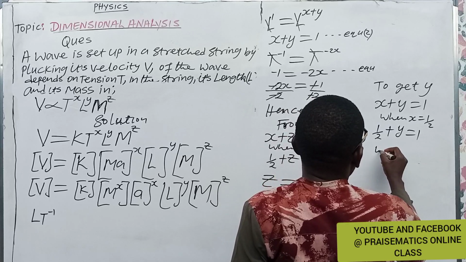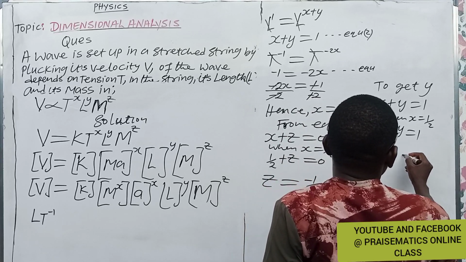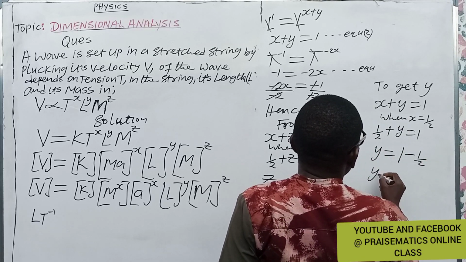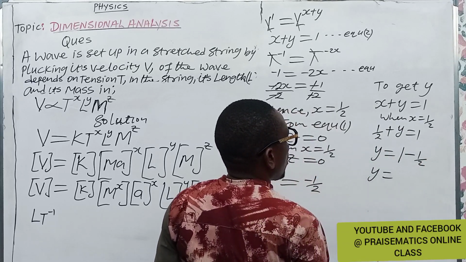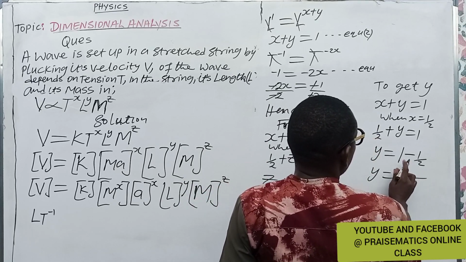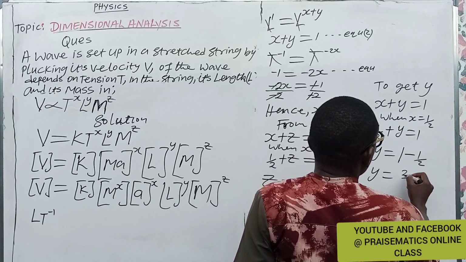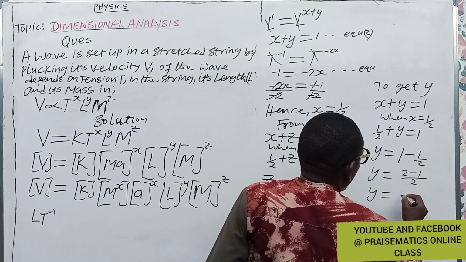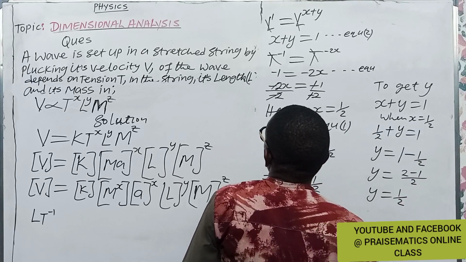Now what do we have here? Y is equal to 1 minus 1 over 2, which is automatically 1 over 1. Find the LCM. 2 goes into this 2 times, which is 2. 2 goes into this one, minus 1. Finally, your Y is equal to 1 over 2.